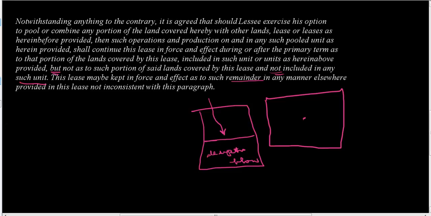Some people call this vertical, that horizontal. The way I remember it is you either have a surface Pugh, which means you release that part of the surface and minerals that are excluded, or you have a depth Pugh, which means you release all depths below the area that was drilled. And that is the Pugh Clause.